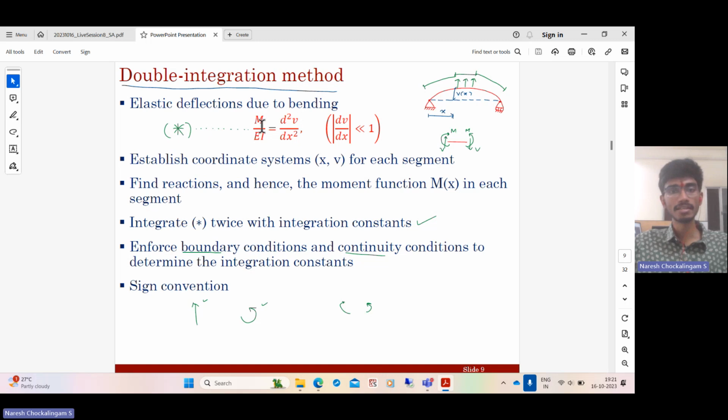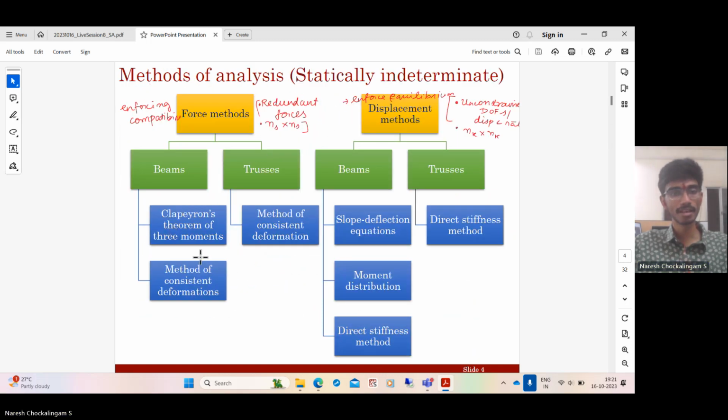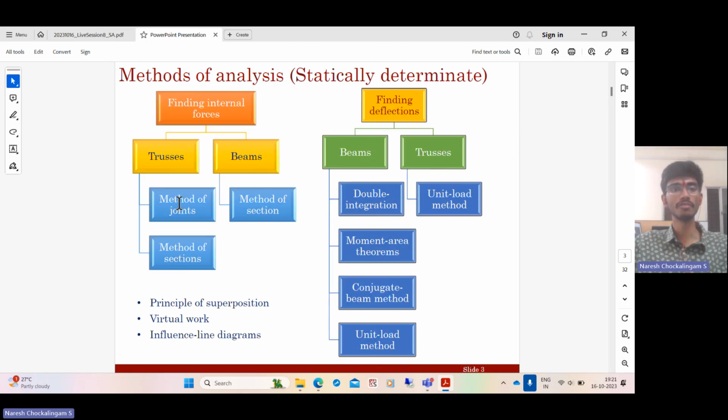Determining the bending moment in a statically determinate beam is very easy. How do we do it? That you can obtain just by enforcing the equations of equilibrium. So for beams, you take a section at an arbitrary coordinate x and then take one of the two parts. So let me write it down.